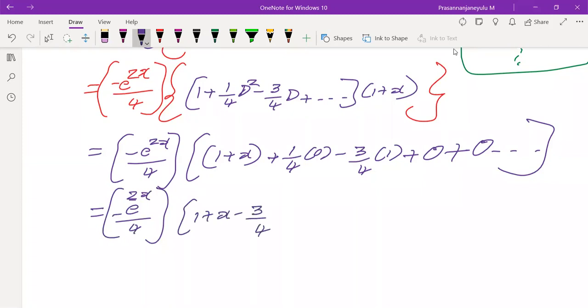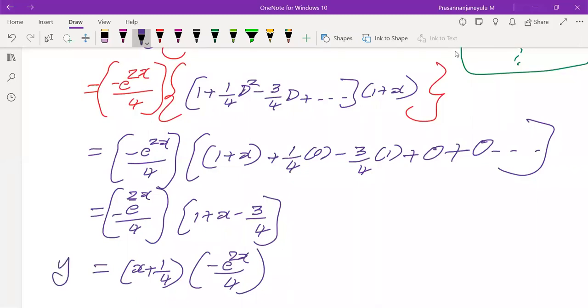How can we write 1 as 4 by 4? 4 by 4 minus 3 by 4 is 1 by 4. So finally I am getting x plus 1 by 4 into minus e power 2x by 4. Put brackets for this. So this is our yp.